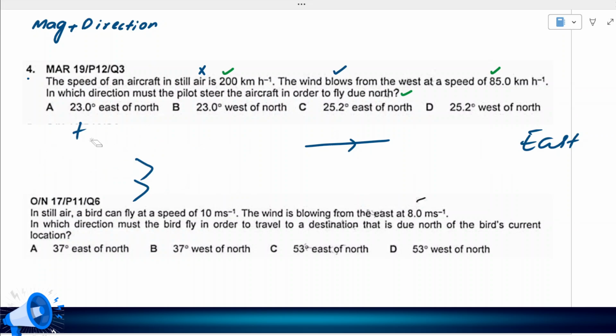So I'm going to draw this one first, whether you like it or not. The direction of this vector is over here towards east, and this is 85 km per hour.